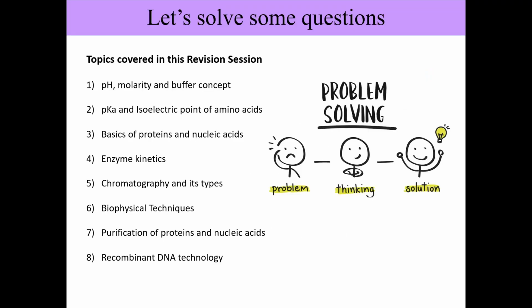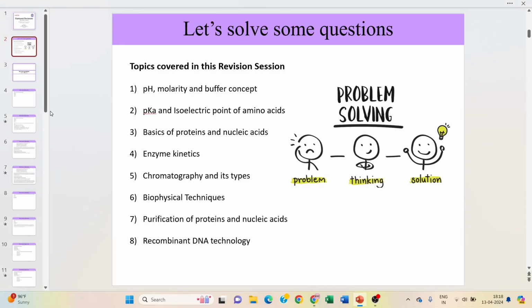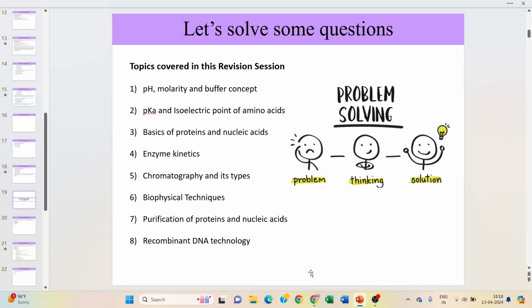So in today's talk, we will be covering the topics pH, molarity and buffer concept, pKa, isoelectric point of amino acids, basics of proteins and nucleic acids, enzyme kinetics, chromatography and its types, and biophysical techniques, then purification of proteins and nucleic acids, and recombinant DNA technology.